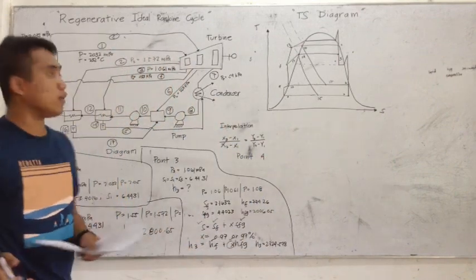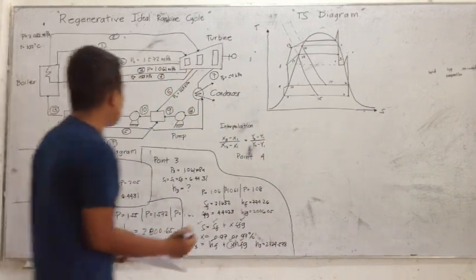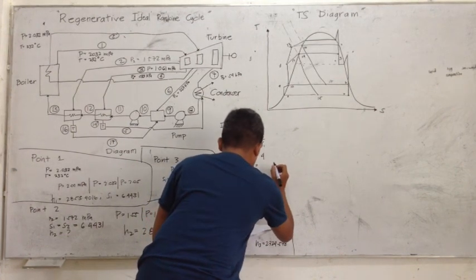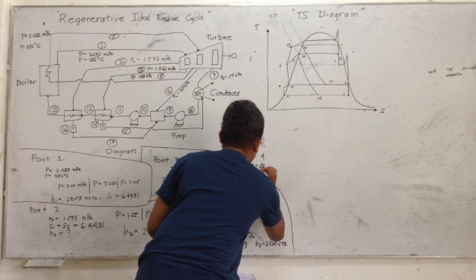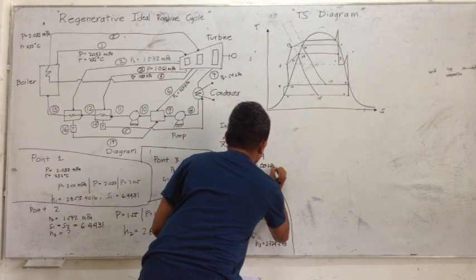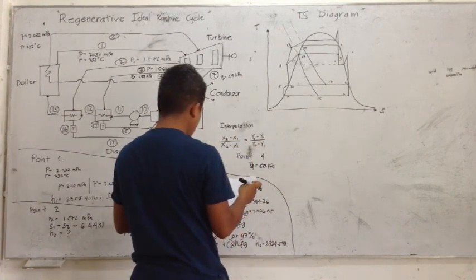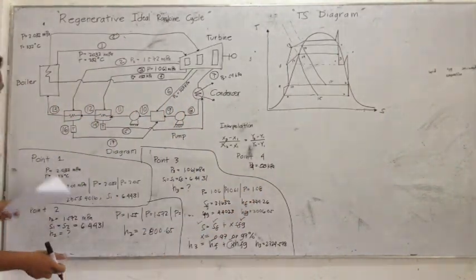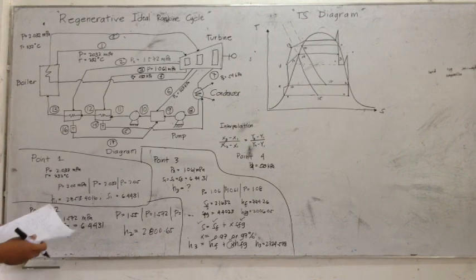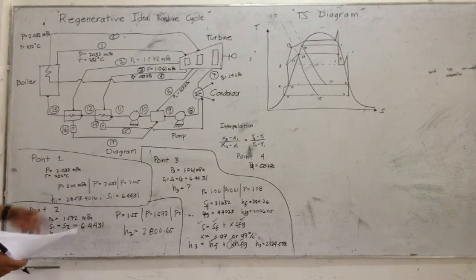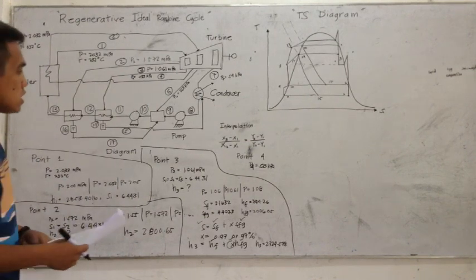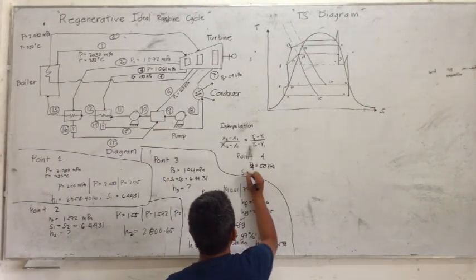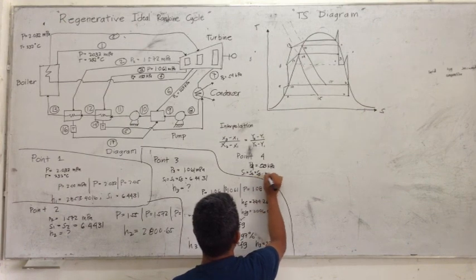At point 4, we are given a pressure of 533 kPa. The constant here is the entropy S, so S1 is equal to S2 is equal to S3 is equal to S4.